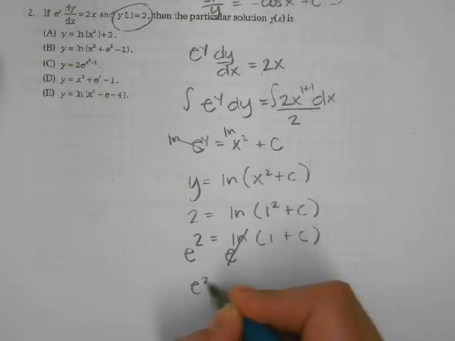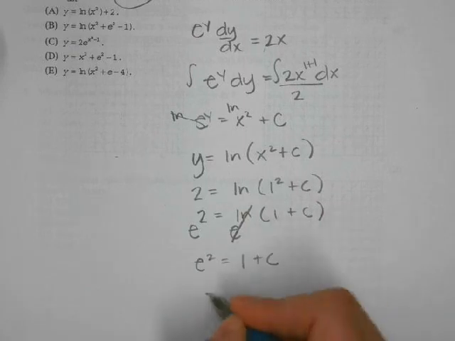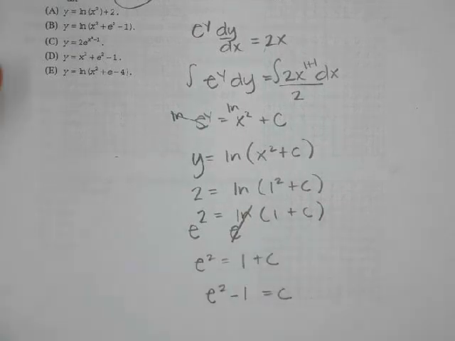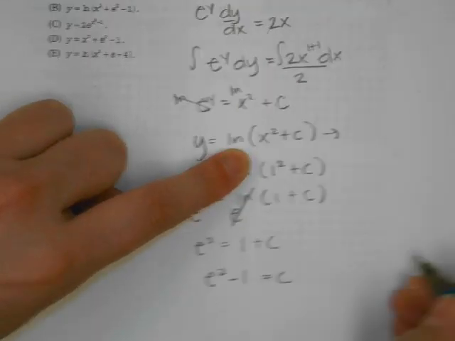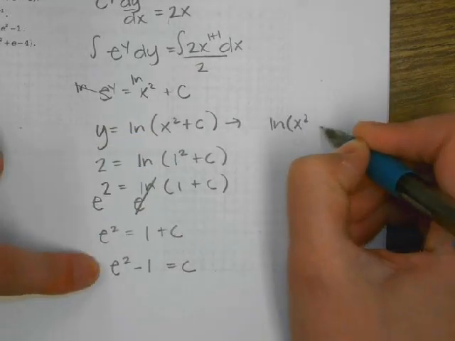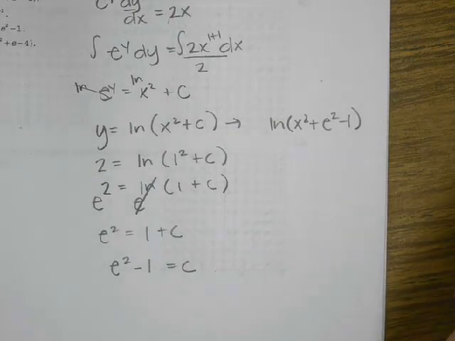So e to the second equals 1 plus c. And I could subtract the 1 over. So c is e to the second minus 1. And now I can go ahead and plug that back in. So my answer is ln of x squared plus e to the second minus 1. And so my answer is B.